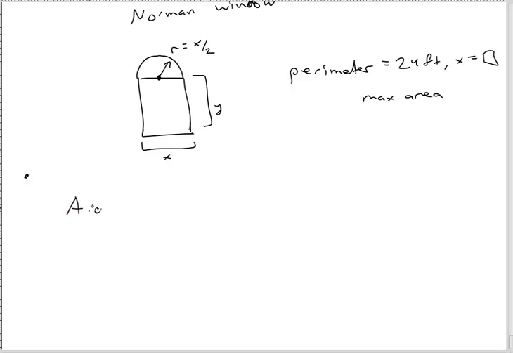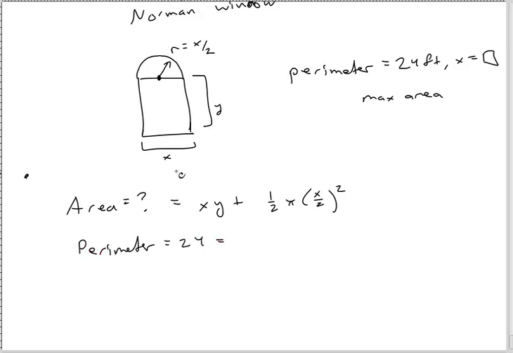What's the area of this thing? Well, it's equal to x times y, plus half of a pi r squared. Half of a pi times r squared. That's half of a circle. My perimeter, thankfully they gave it to me, was 24. But my perimeter will be a y, x, and then a y, so I'm going to say x plus 2y.